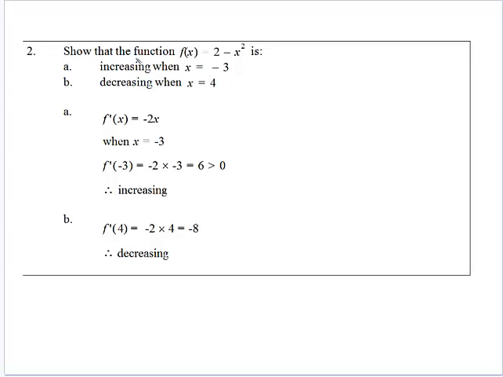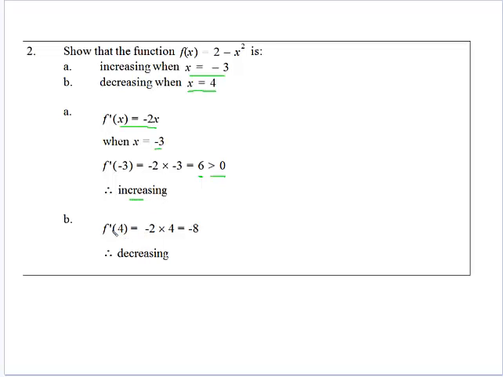Next, show the function 2 minus x squared is increasing at minus 3 and decreasing at 4. Again, we have to get our first derivative, because the first derivative tells us whether it's increasing or decreasing. So when x is equal to minus 3, the derivative would be minus 2 times minus 3, which gives us a gradient of 6, which is greater than 0, which means it must be increasing.